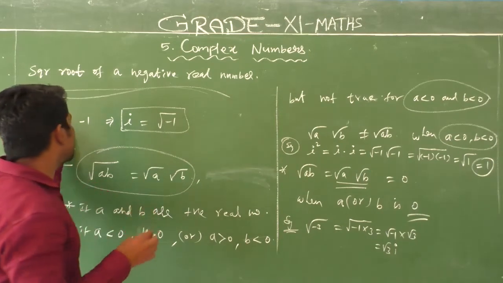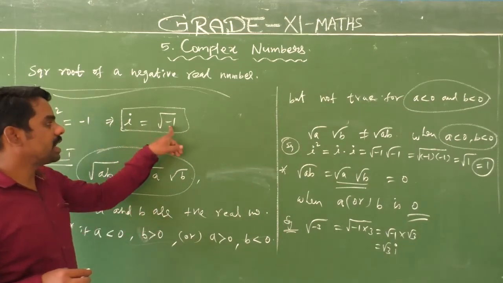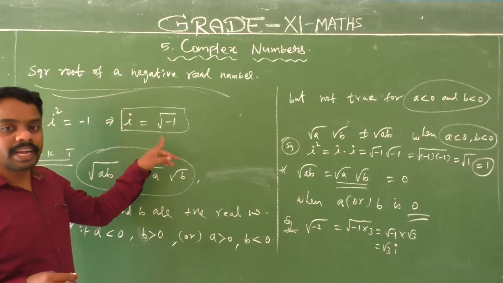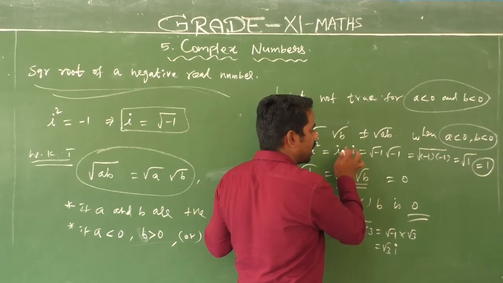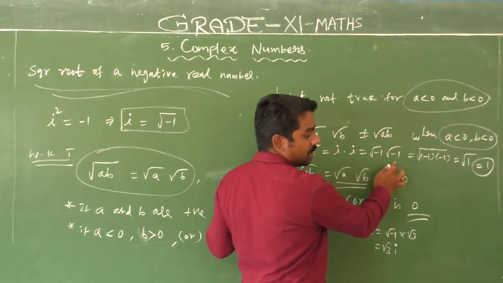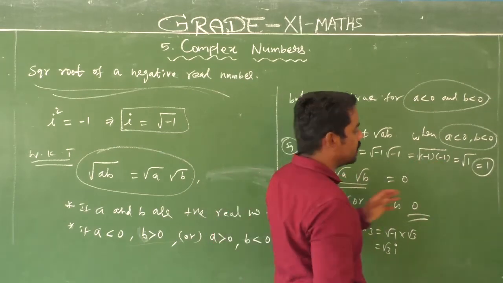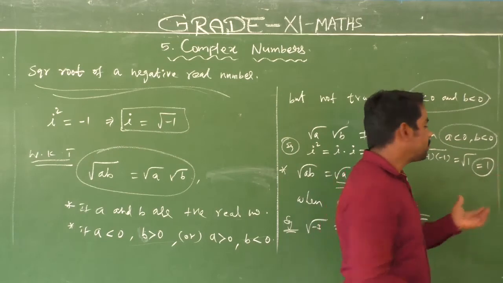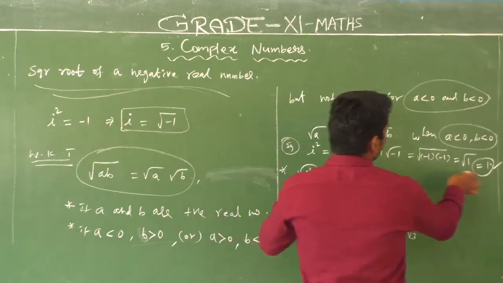Why is that a contradiction? We already know i squared value is minus 1, and i is equal to root of minus 1. Here i squared is i into i, each with value root of minus 1, which gives root of minus 1 into minus 1, equal to root 1, equal to 1. This value is a contradiction: one way i squared is minus 1, the other way it is plus 1.